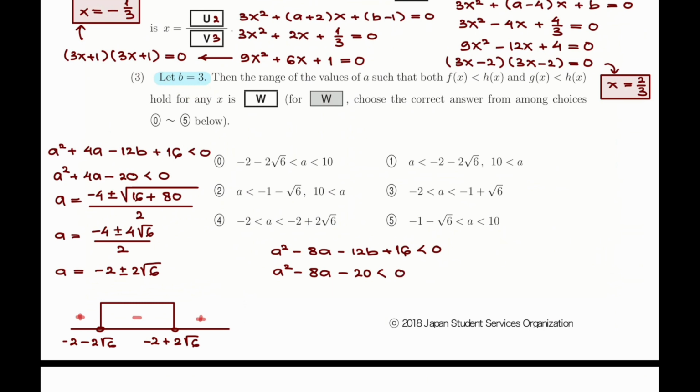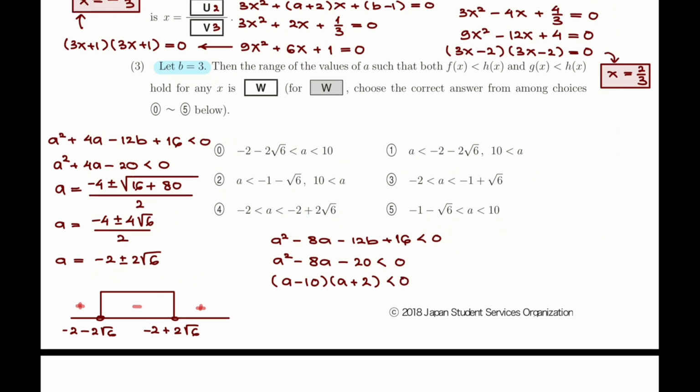In this case, we can factorize it into A minus 10, A plus 2, less than 0. So I have two critical values, which are negative 2 and 10. The sign here is negative. If you substitute 0, you will get negative and then positive over there. Since I want the region which is less than 0, I will take the negative region.